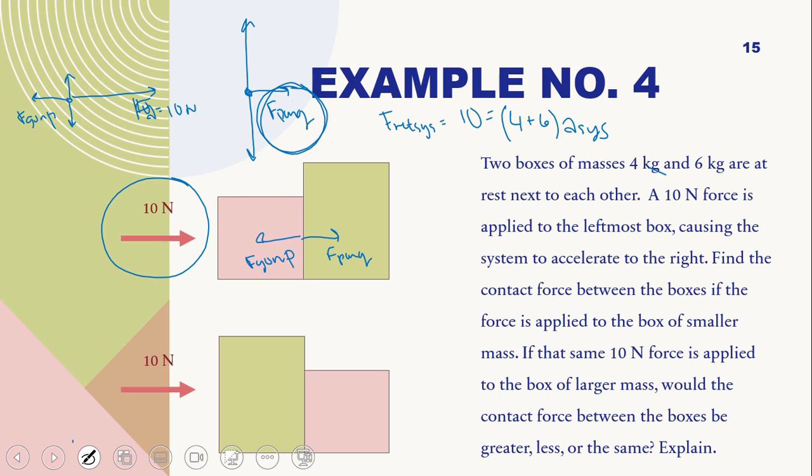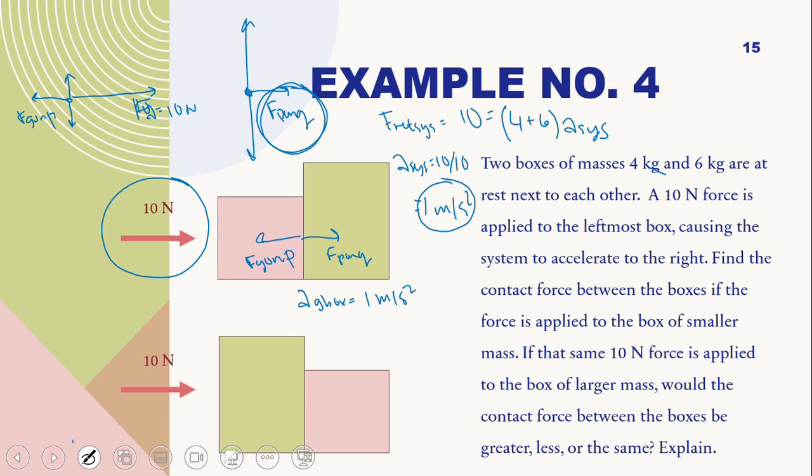So this gives us that A sys is equal to 10 divided by 10, or in other words, it's equal to 1 meter per second squared. Okay. So now remember, since the system's acceleration is going to equal the individual box's acceleration, the acceleration of the green box is going to equal 1 meter per second squared.